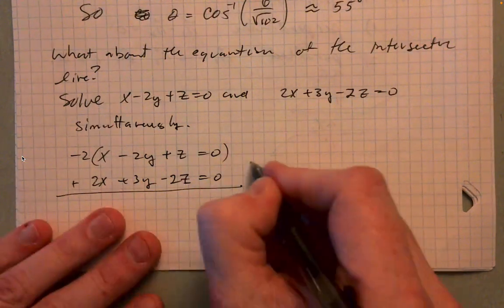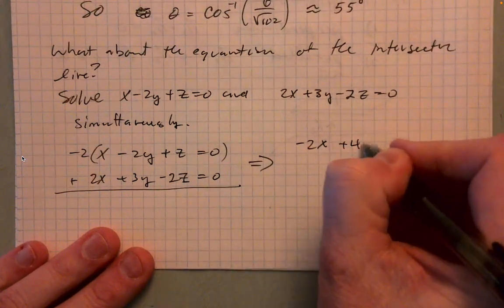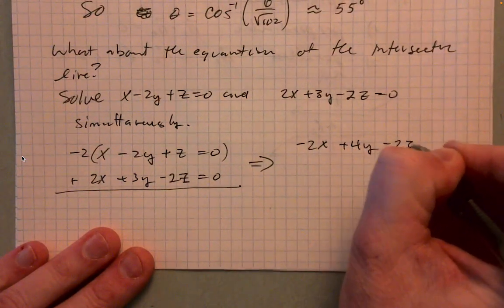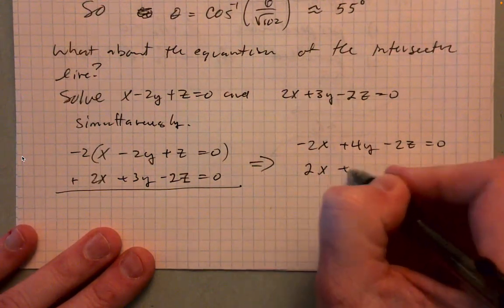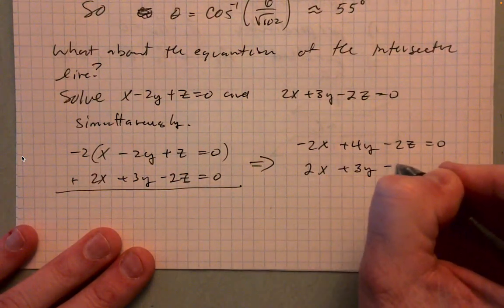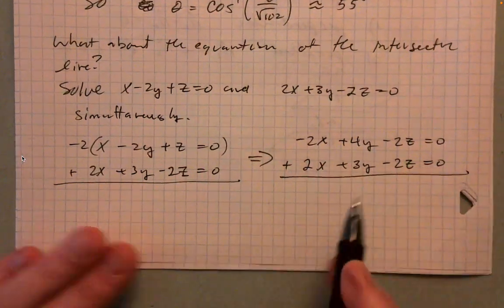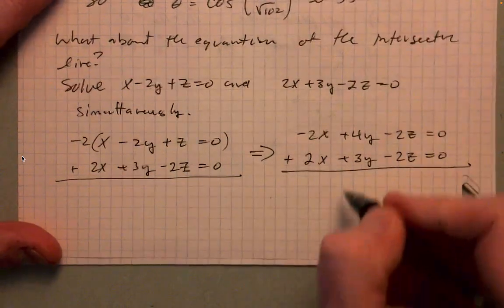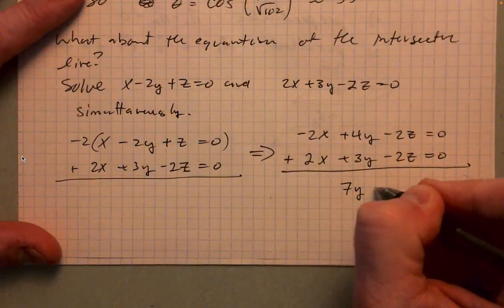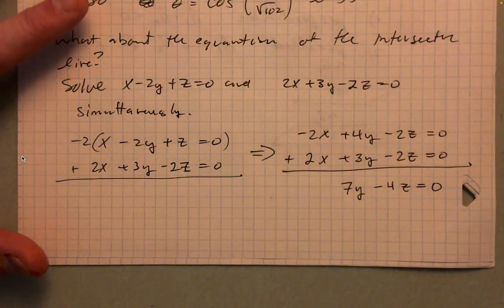So if I do that, then I'll have -2x plus 4y minus 2z equals 0, and I'm going to add to that 2x plus 3y minus 2z equals 0. I'm going to add those together. So the x's will cancel each other out, and I'm going to just have 7y minus 4z equals 0.